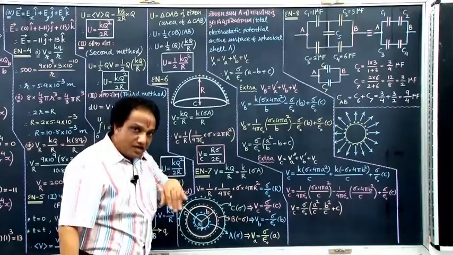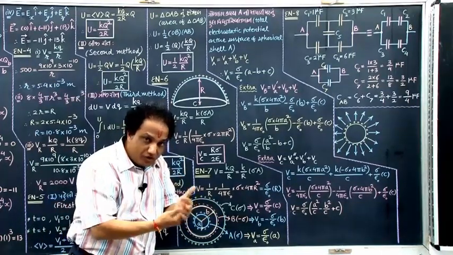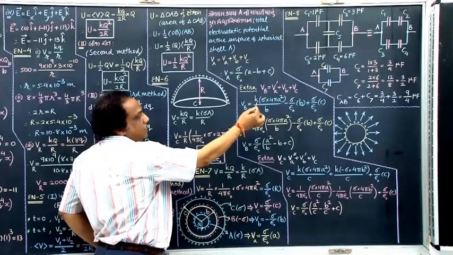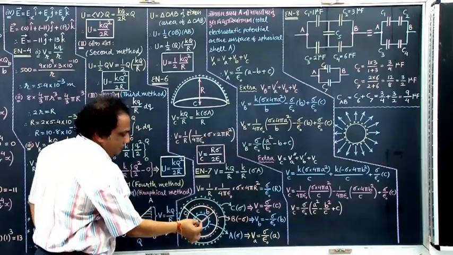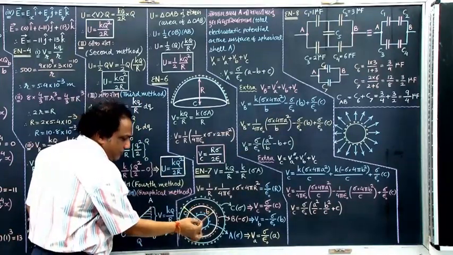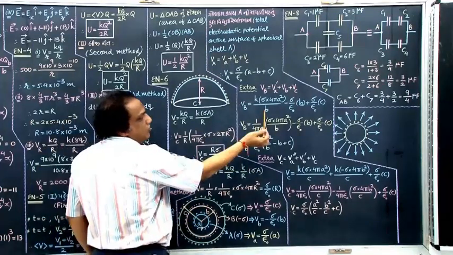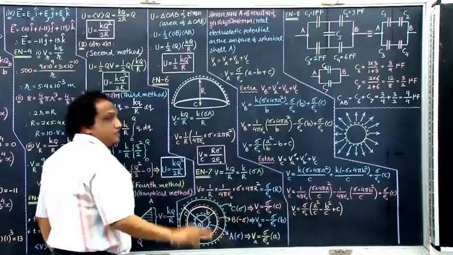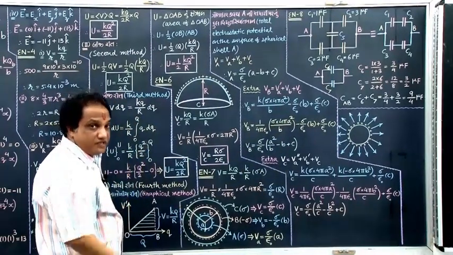For a point outside the charged spherical cell, what is the potential? K into charge upon distance: K into charge on this cell A divided by the distance of this point from this common center, which is small b. What about the charge? Charge is given by the formula surface charge density multiplied by surface area.